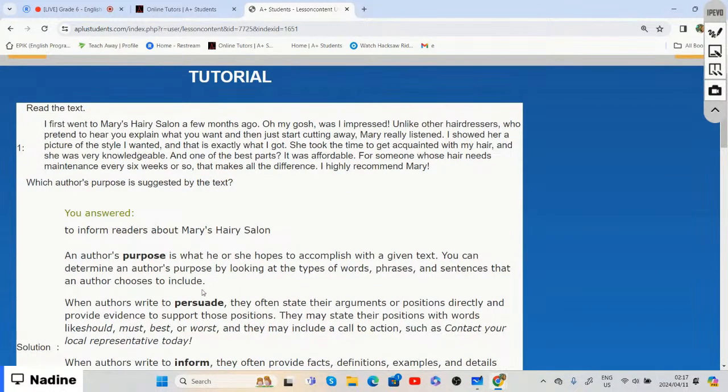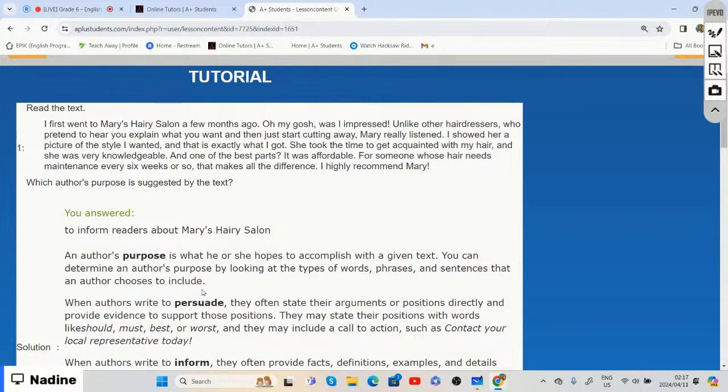I went to Mary's hair salon a few months ago. Oh my gosh, was I impressed. Unlike the hairdressers who pretend to hear you explain what you want and then just start cutting away, Mary really listened. I showed her a picture of the style I wanted, and that is exactly what I got.